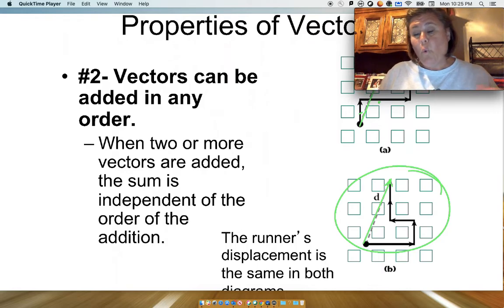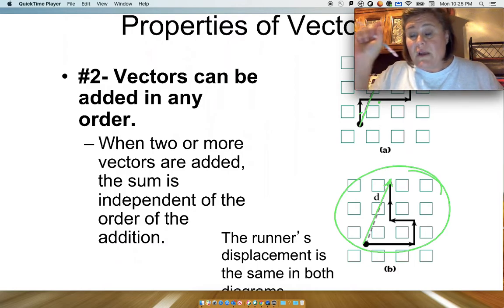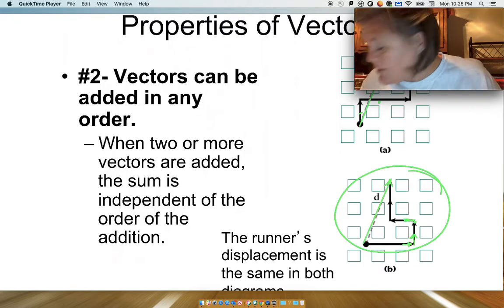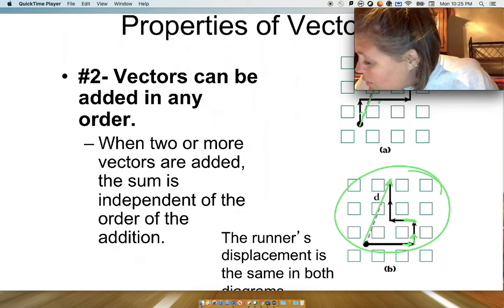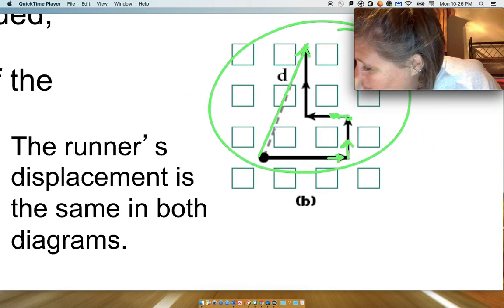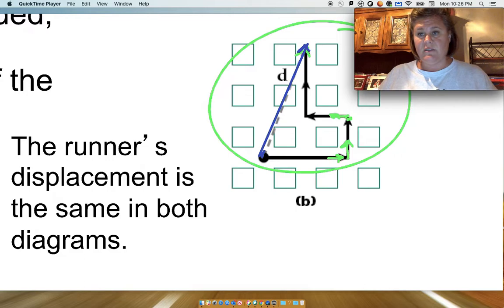So the order of addition doesn't matter. You can add vectors in any order, property 2, and then you can move vectors around parallel to themselves. And notice we're adding tip to tail. The resultant here goes from the tail of the first vector to the tip of the last vector.